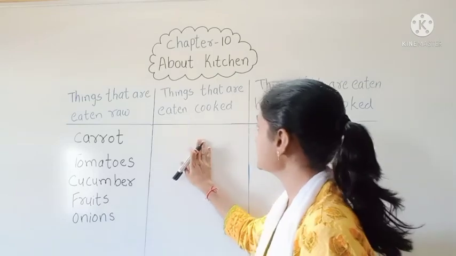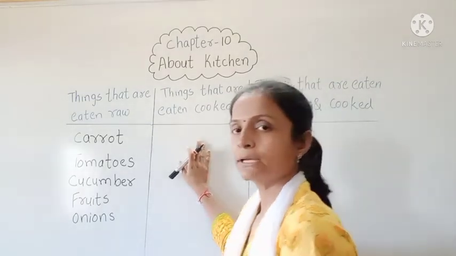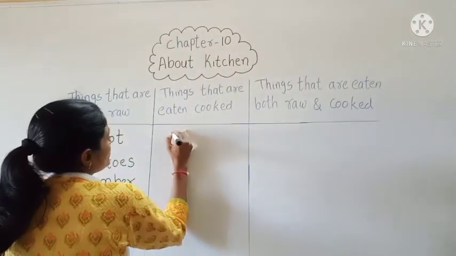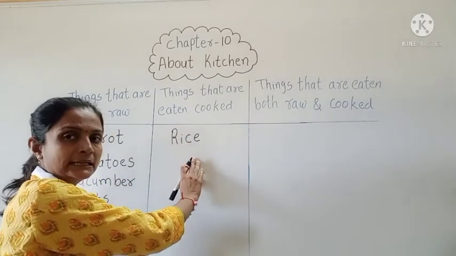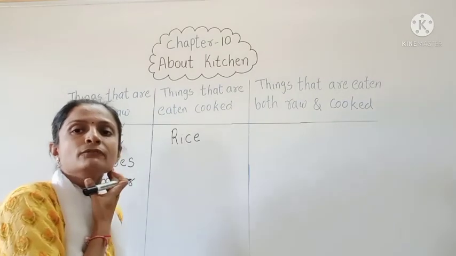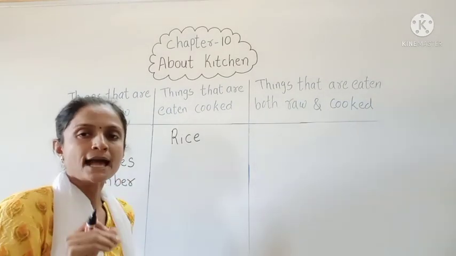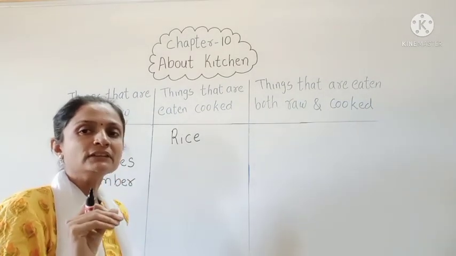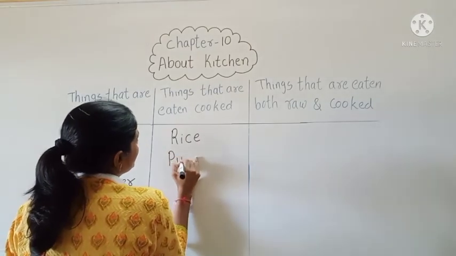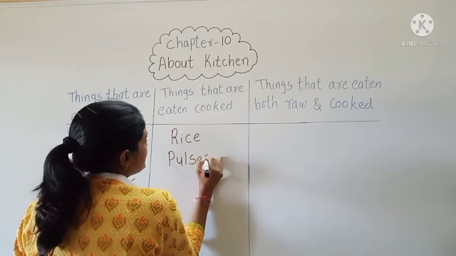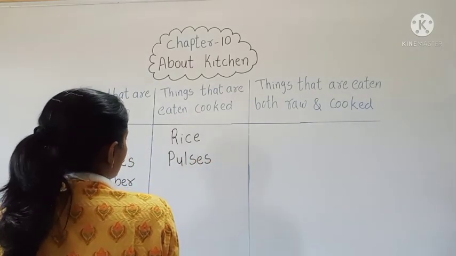Now let us see the things that are eaten cooked. So the first one is rice. See, we cannot eat the rice raw, but first we have to cook the rice and after that only we can eat the rice. So like that only, pulses. Okay.